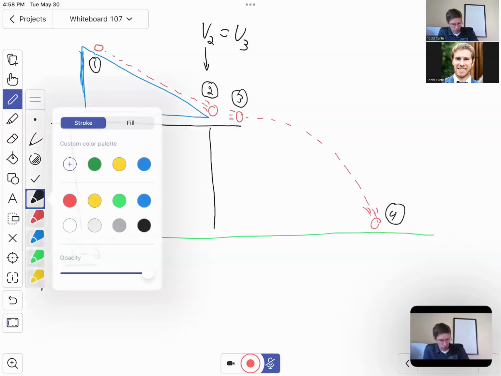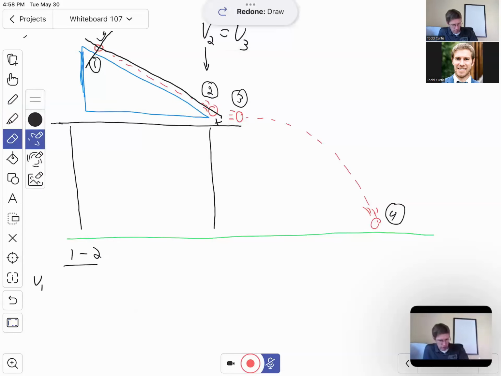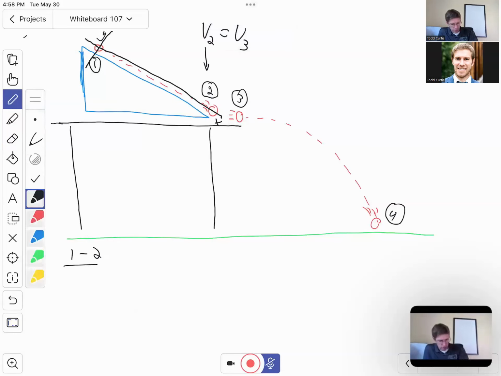So what I'm going to do in this problem is I'm going to define my x-axis as parallel to the ramp, in the downward direction, and my y-axis as perpendicular to the ramp. So all of my motion, everything's going to just be in the x direction. Let's even come down here and make a note to ourselves that we're going to analyze x direction only.